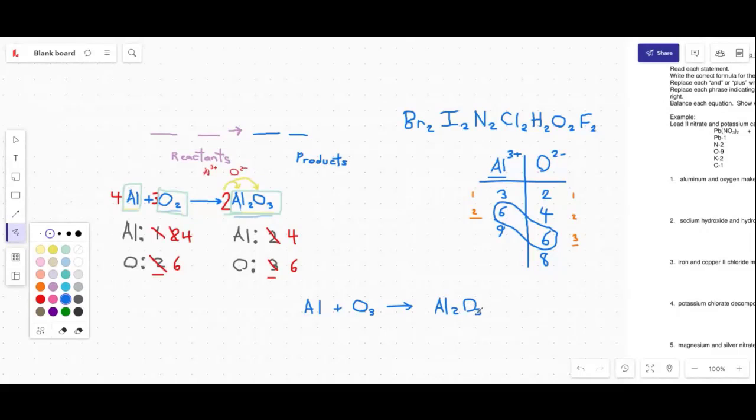And this would actually be an even more reactive substance. But anyway, it would end up being 2 aluminums plus 1 O3 gives you Al2O3. So this tells me what is the substance, and then the number in front tells me how many of that substance you need in order to make the product. Does that make sense?